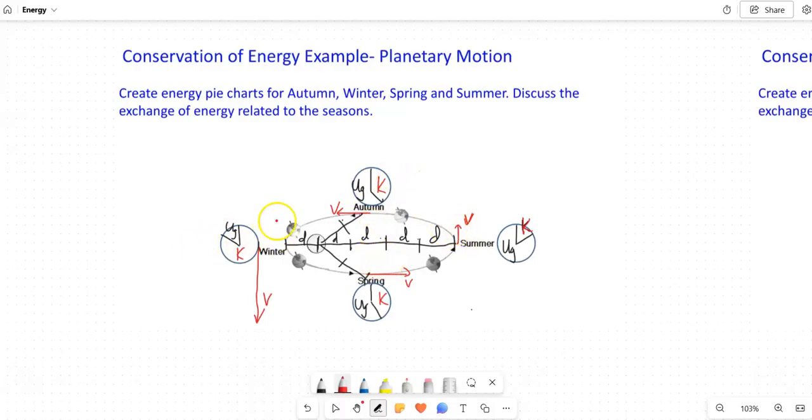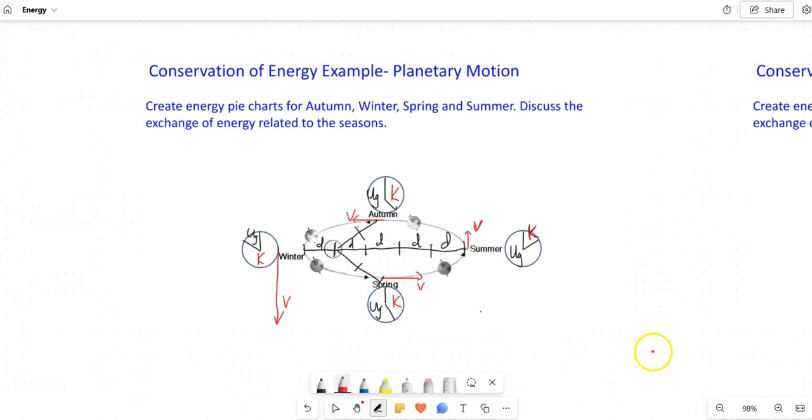So this exchange of energy is predictive for planets going around the sun, not just people falling down. All right. And that's why it's important to study energy, because energy is predictive for very large things and also very small things. So it's a really good method of analyzing motion.